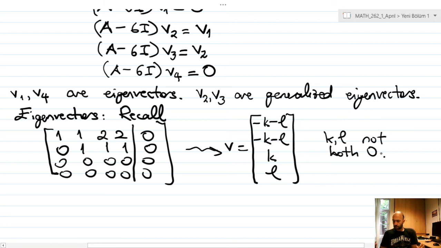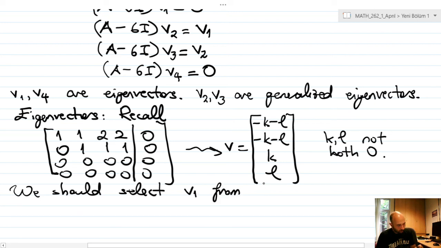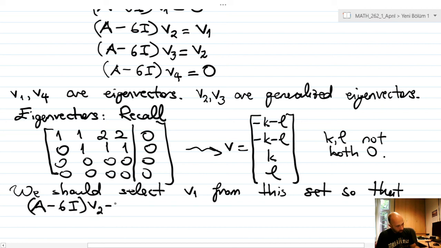Okay. Now, this is some set of vectors, and we should select V1 from the set so that the remaining equations, A minus 6I V2 equals V1 and A minus 6I V3 equals V2, are solvable.